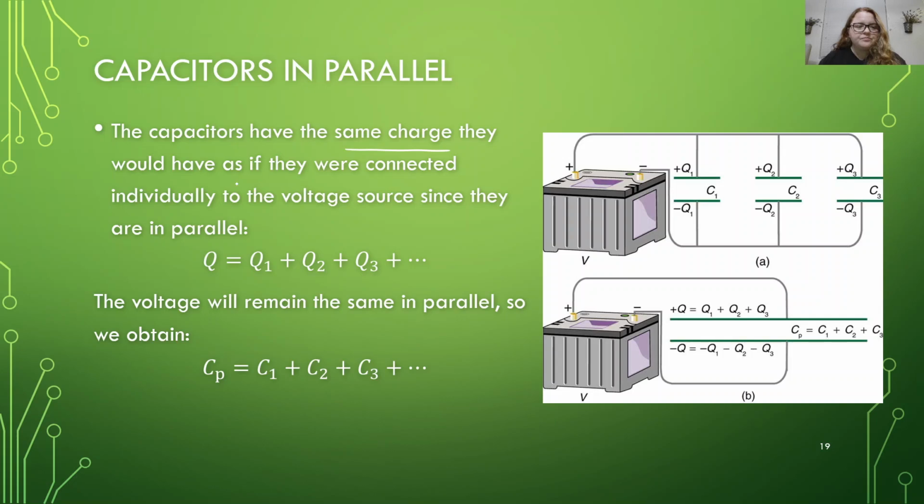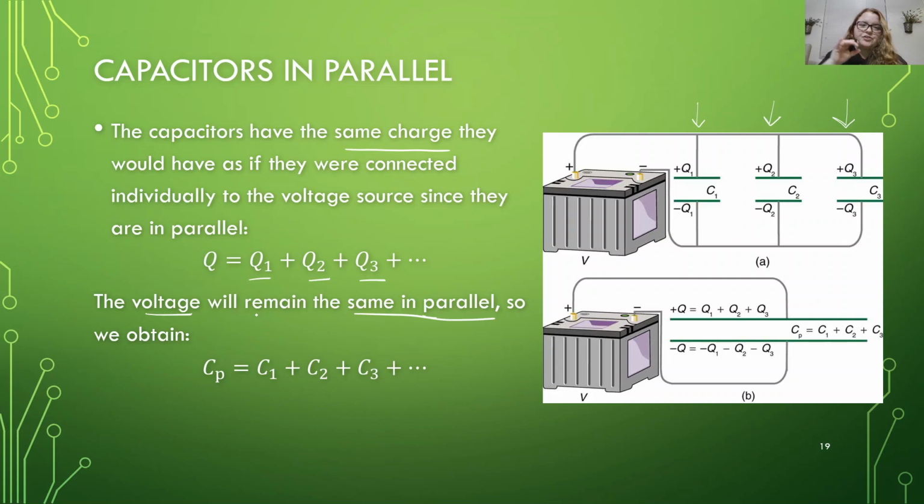Remind ourselves, Q, our overall charge, will equal each individual Q across the different capacitors. So for C1, you have a charge Q1. For C2, you have a charge Q2, and for C3, charge Q3. Okay, the voltage now will remain the same in parallel.